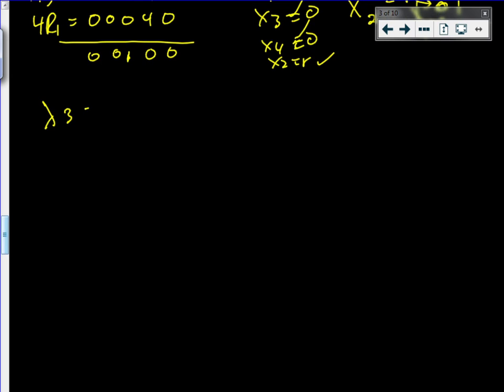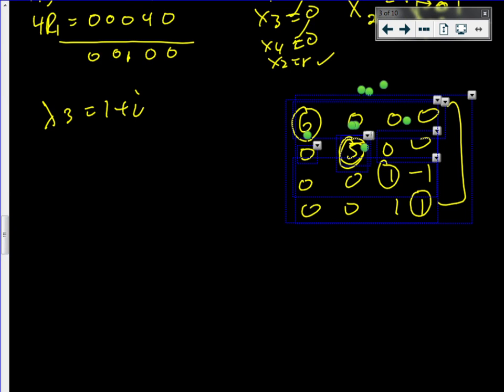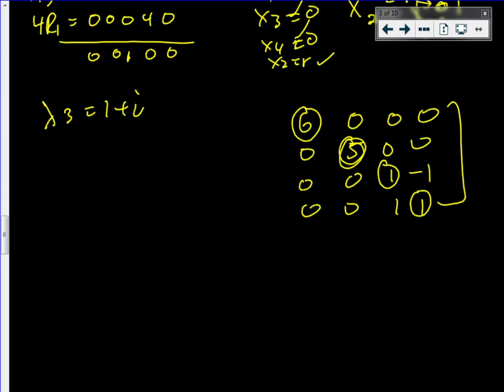Lambda 3 is 1 plus I. So let us put back P, and remember, from every circled entry, we need to take away 1 plus I. So we're going to have 5 minus I, triple 0, 0.